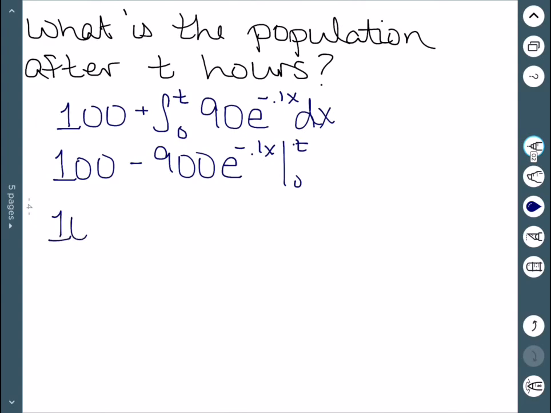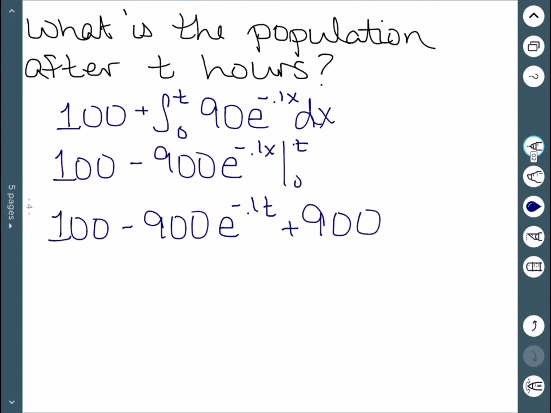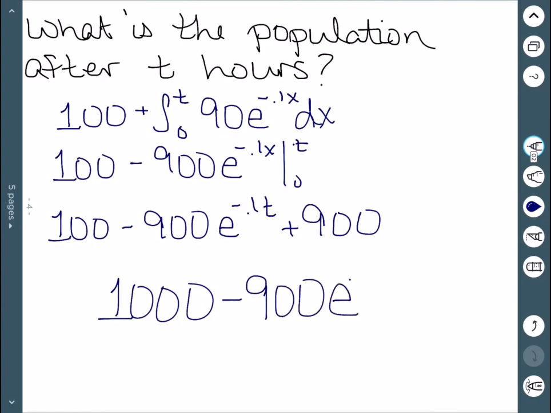Sticking in the upper limit of t gives us negative 900e^(-0.1t), and sticking in the lower limit of 0 would give us 900. Since we're subtracting this negative 900, it would be plus. So we can predict the future value by 1000 minus 900e^(-0.1t).